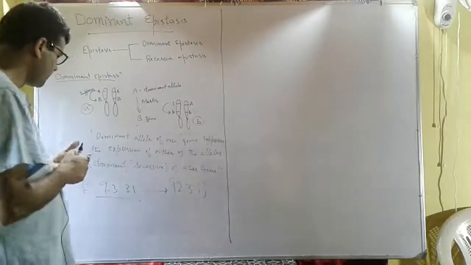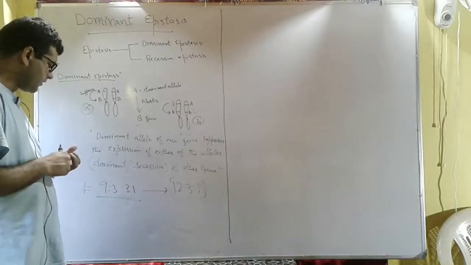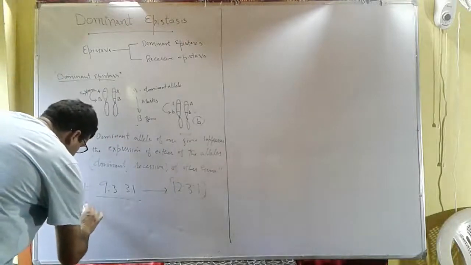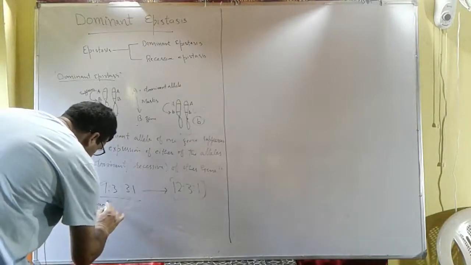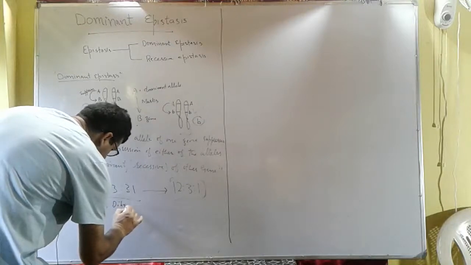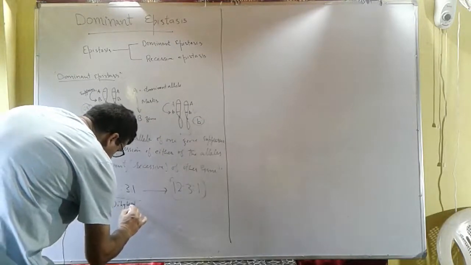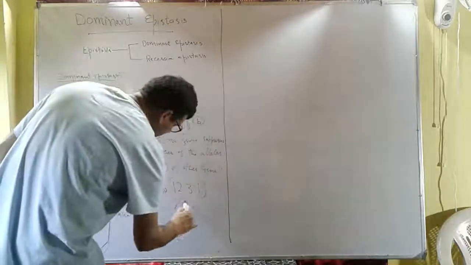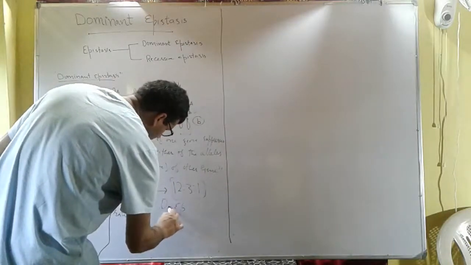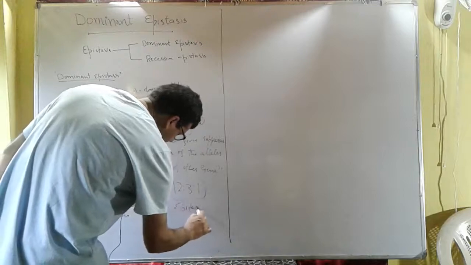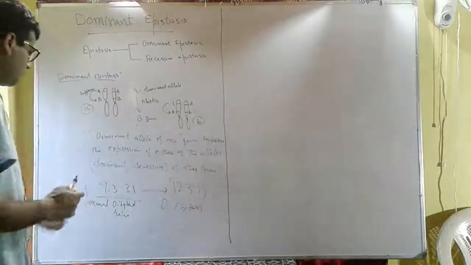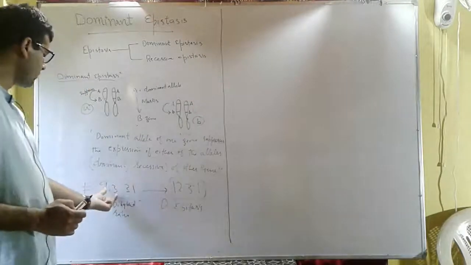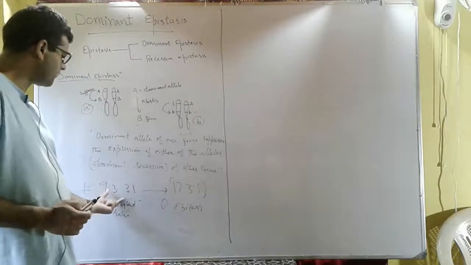That means this is the normal dihybrid ratio, and this is the dominant epistatic ratio. And also we have got 3 phenotypes in the F2 generation, while we have got 4 phenotypes in the normal dihybrid cross.